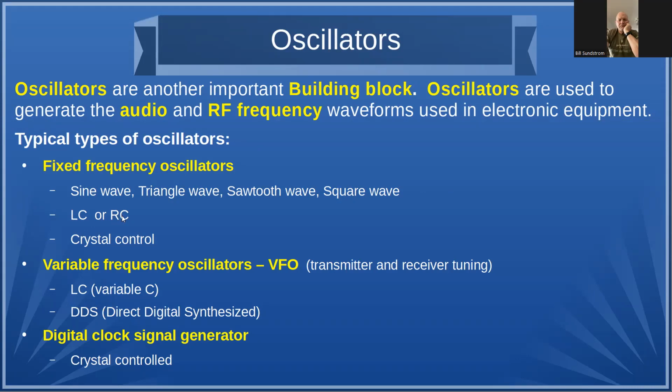They can be either an inductor capacitor as your feedback elements, or just a resistor capacitor, or it can be crystal controlled, which is what you normally use if you want a very stable reference oscillator. And depending on how stable you want it, you might even temperature control that crystal, because temperature will affect the frequency of it.